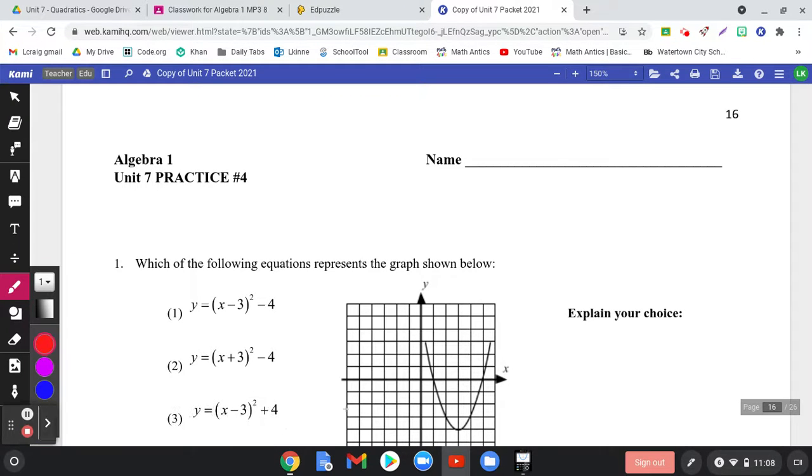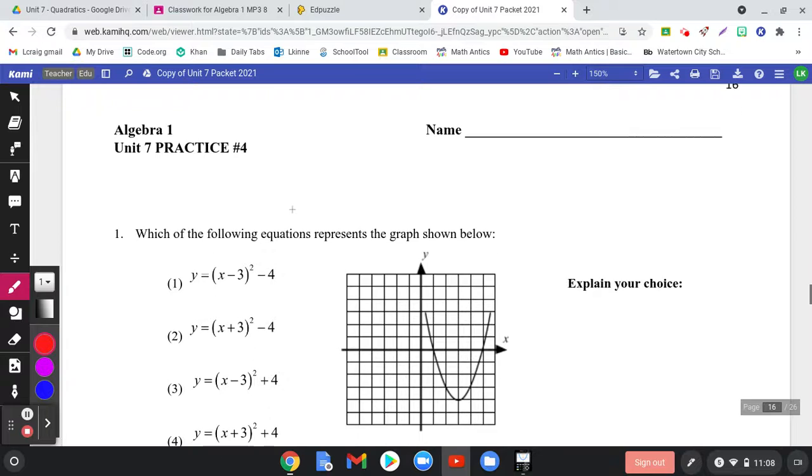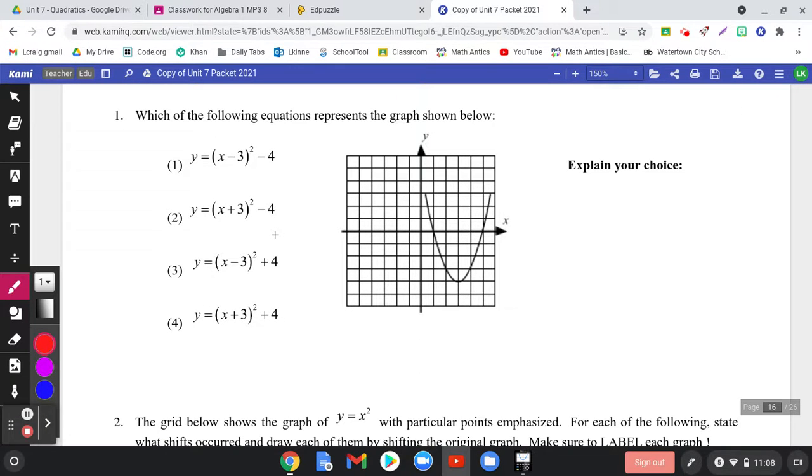All right, so now we're going to get some practice with lesson 4 in the shifts and vertex form. Again, let me remind you, if you can't remember these shortcuts, you can always use your calculator, type this into y equals, and compare the graphs. But because these are all in vertex form, look at the vertex.